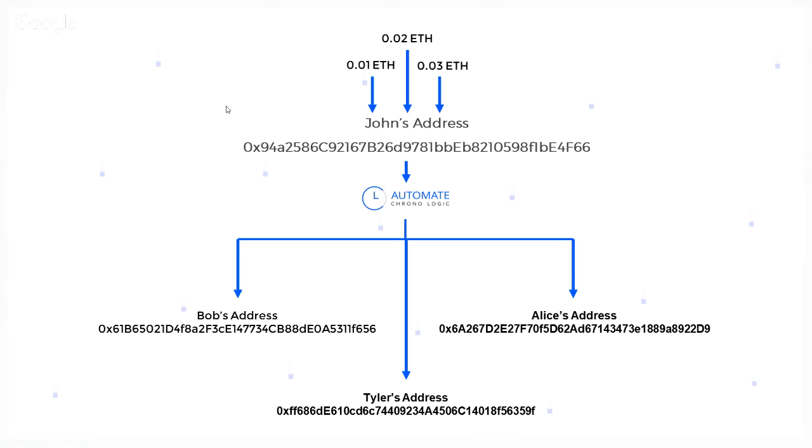If that is the case, you can set up a lot of transactions in a cascade effect, so that the transactions will go forward to the right address and to the right person at your discretion. You can do all of that using Automate. That's why it's such a powerful and useful tool to have in your toolbox for your day-to-day crypto use.